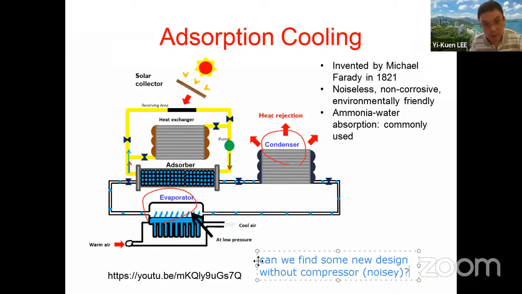This particular one is the one without a compressor. Without a compressor, it uses an absorption mechanism to replace this noisy compressor. This is quite important for all of you to think about.